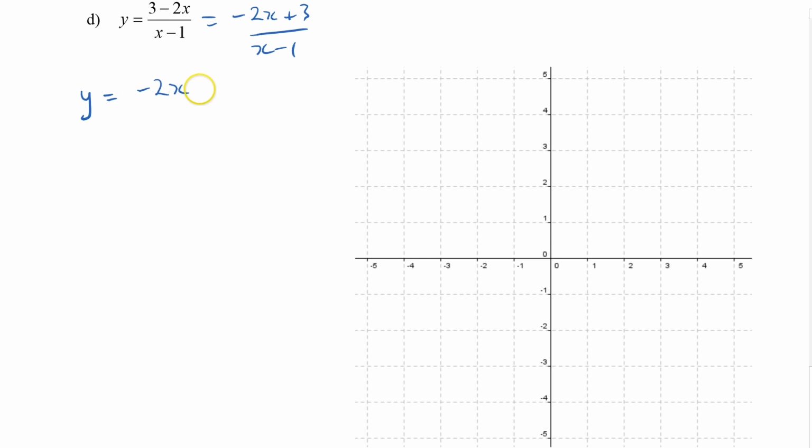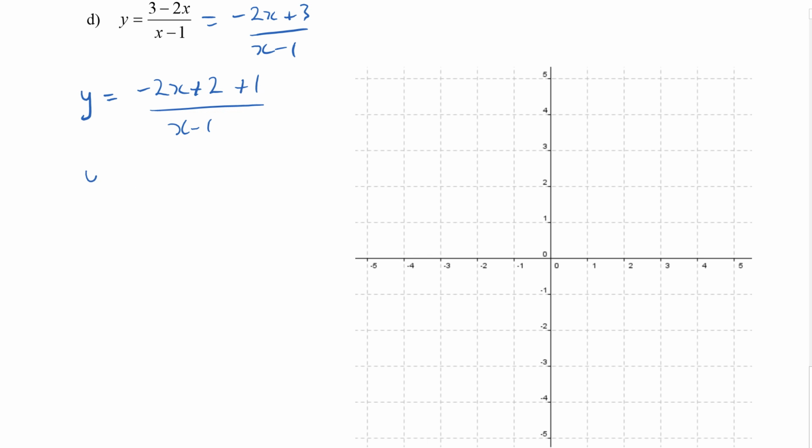Minus 2x. Now what would make it work so that x minus 1 could go into there? Well, with a little bit of thought, I'm thinking it would be minus 2x plus 2, because it would go in negative 2 times. It's not exactly what I have here. I have a plus 3, so I have to add a plus 1 all over x minus 1.